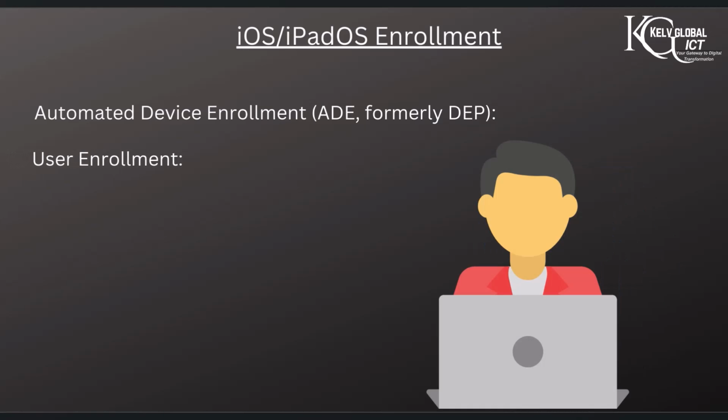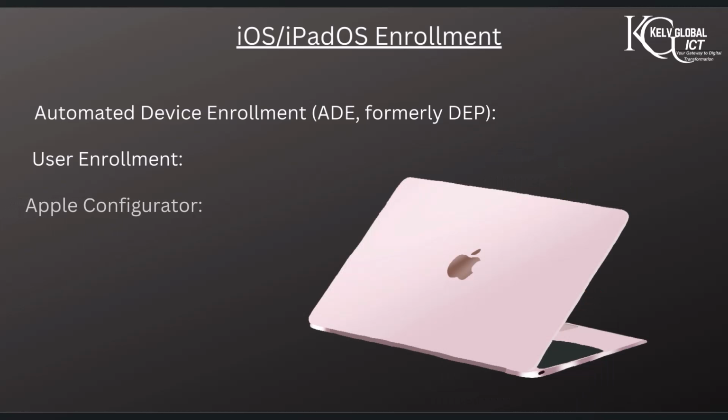Next, we have the user enrollment. Designed for bring your own device scenarios, user enrollment provides a lower level of management compared to other methods, focusing mainly on securing corporate data. Then we have the Apple Configurator. This method is suitable for devices that were not purchased through Apple's ABM or ASM, but need to be managed by Intune.